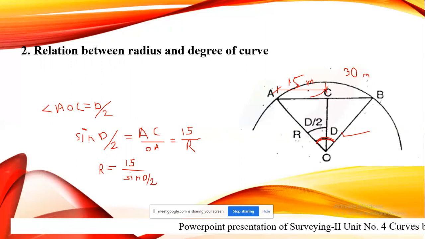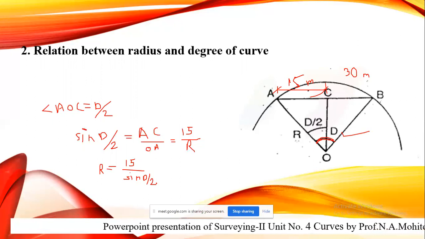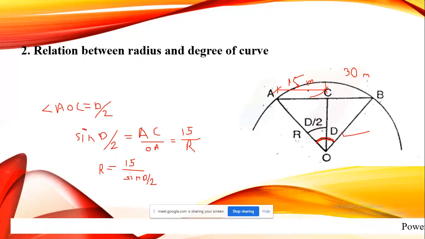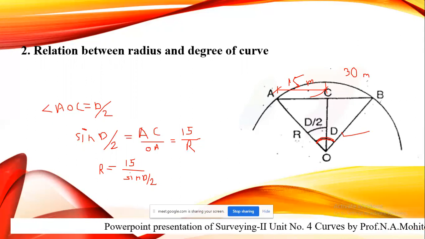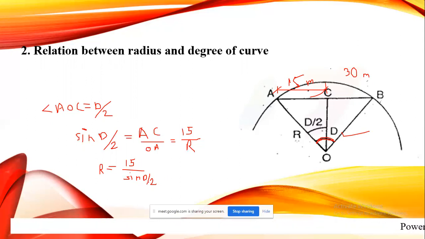But correspondingly, when D, our degree of curve, is very small, sine D by 2 can be taken as D by 2 directly in radians.